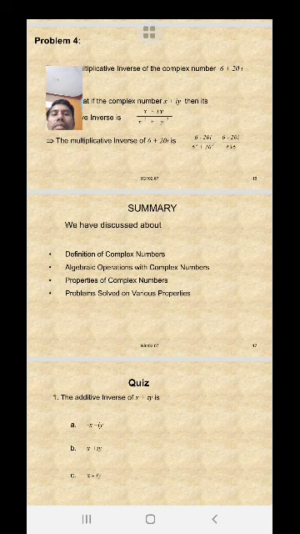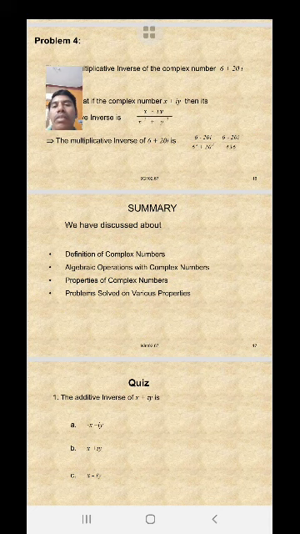And here are two important formulas generally. The additive inverse of x plus iy is minus x minus iy, and the multiplicative inverse of x plus iy is (x minus iy) by (x square plus y square).